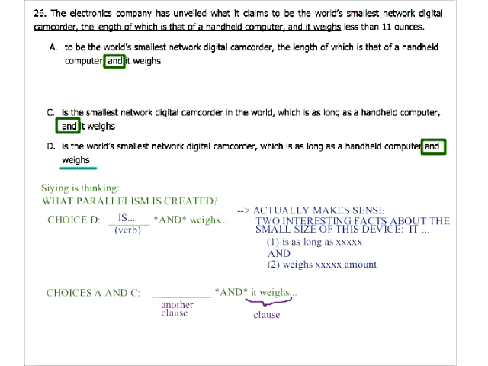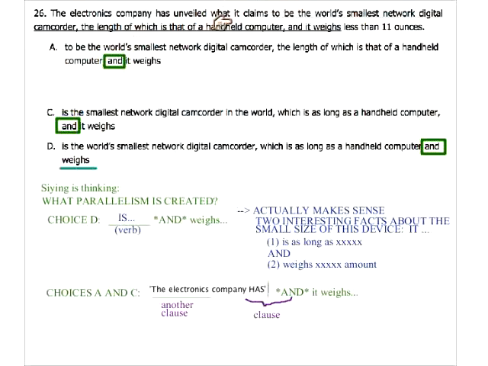So let's take Satish's out of here, and you got this. So choices A and C are saying, weirdly enough, that the electronics company weighs about 11 ounces. It's kind of strange, right? The electronics company has unveiled what it claims to do this. So the electronics company has done this.